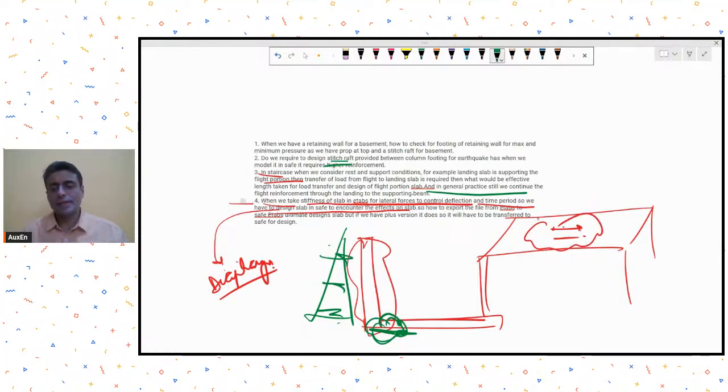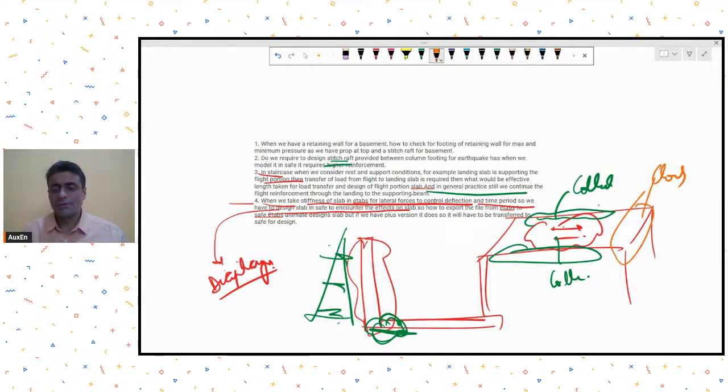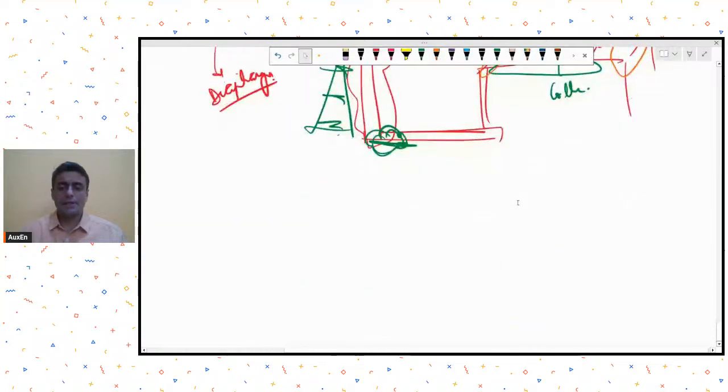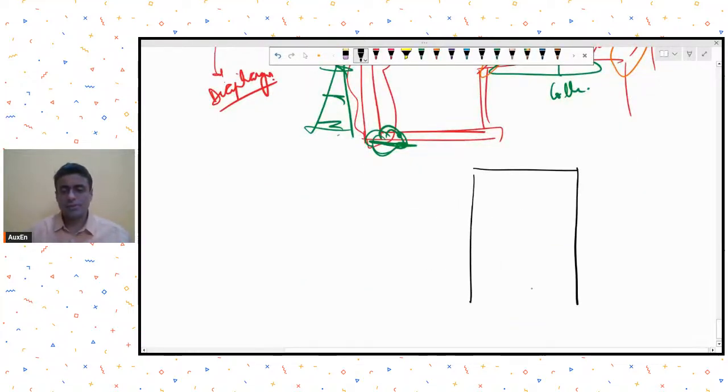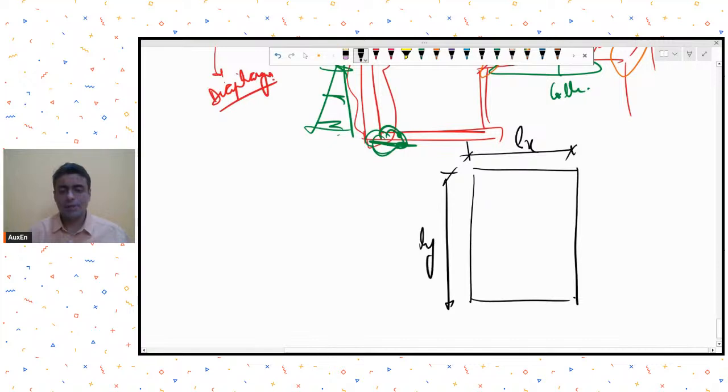So when we do this kind of a thing, these zones will be called as collectors, and these regions are called as the chords. So imagine this slab to be acting as a deep beam. I'll just draw the plan for this. If this was my slab in plan view, this was some Lx and this was some Ly maybe, and my earthquake force is, let's say, acting like this.